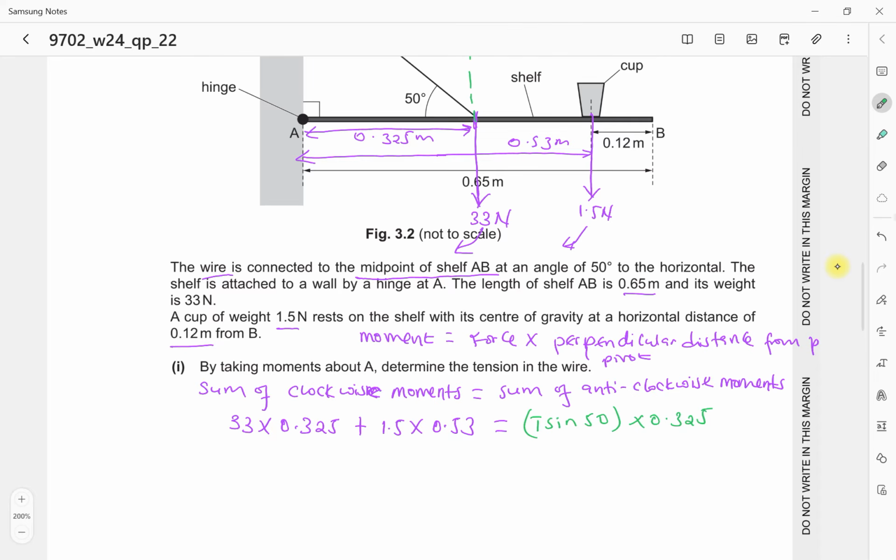Okay, so I'm going to just simplify this. So I will say that T is going to be equal to 33 times 0.325 plus 1.5 times 0.53 divided by 0.325 sine of 50.